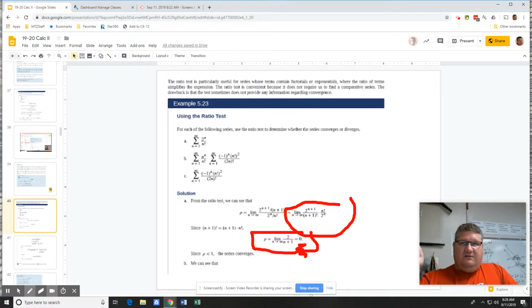If it's between 0 and 1, it's definitely going to converge. So this totally converges. If this were a 10, then that means it's greater than 1, so it's going to diverge. And what if it actually equals just 1? You'd say, crapola, the ratio test didn't work because it's a 1, it's inconclusive. All right, so that's the ratio test.